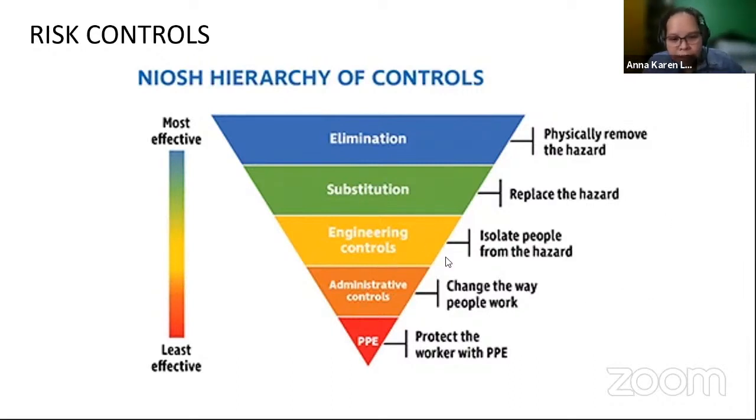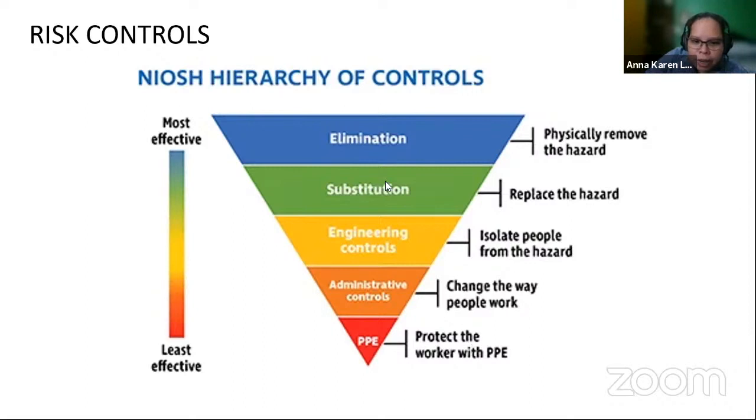Now, engineering controls again will include your laboratory equipments, biological safety cabinets, fume hood, the negative pressure conditions, etc. So this isolates the people from the hazard. Yung administrative control naman, they change the way the people work.